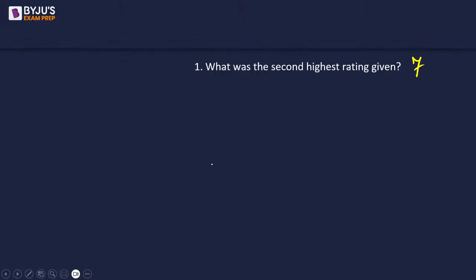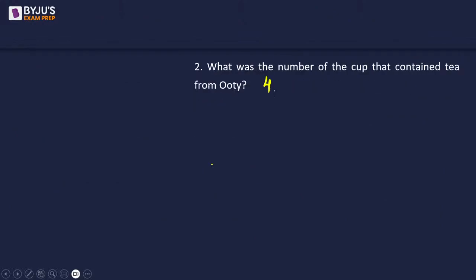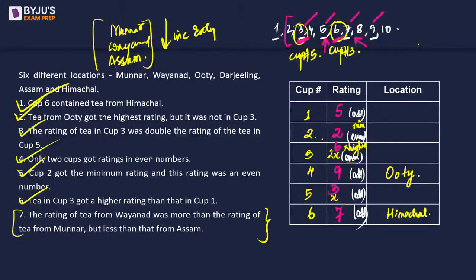Now, question number 3 says, if the tea from Munnar did not get the minimum rating. So if the tea from Munnar did not get the minimum rating, which is 2, right? So tea from Munnar gets a rating of 3, right? So this is Munnar. This is out of the equation right now. So 5 and 6 if we need, then 5 goes to Wayanad and 6 goes to Assam.